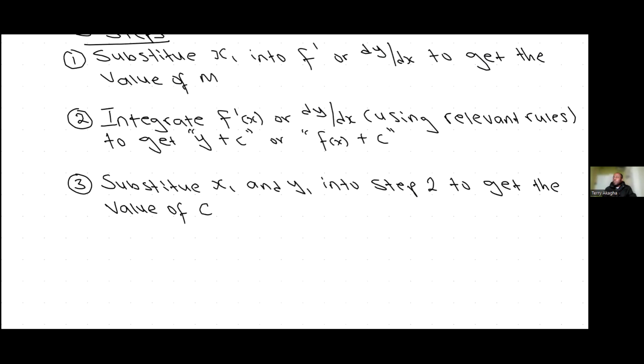Number 4, when you're done with that, you then rewrite y with the value of c. Because you've gotten the value of c, so the answer you got from step 2, you now rewrite y with the value of c.